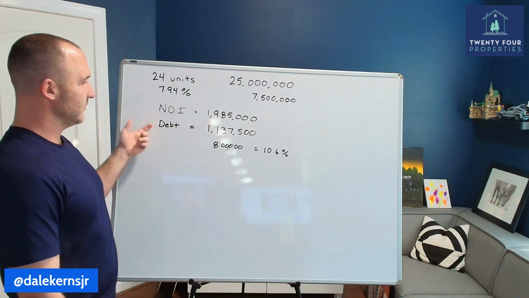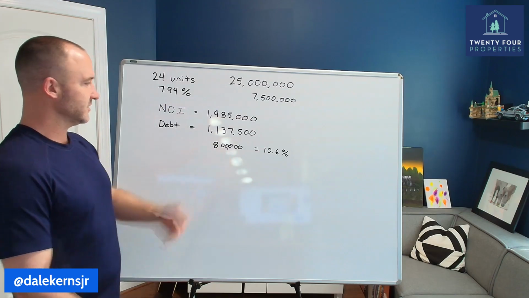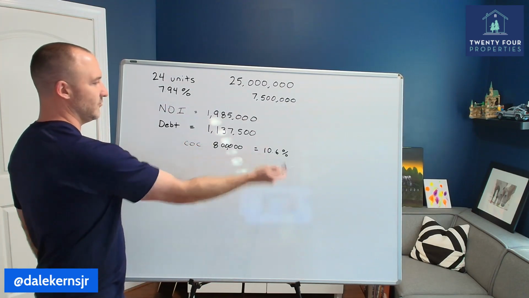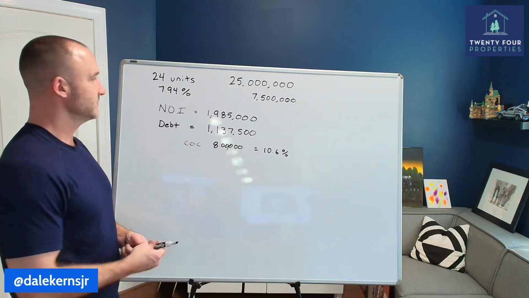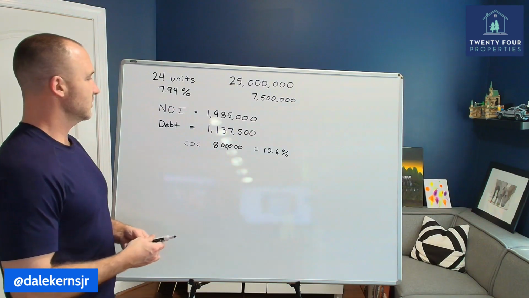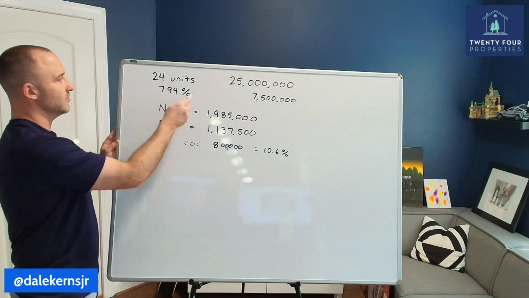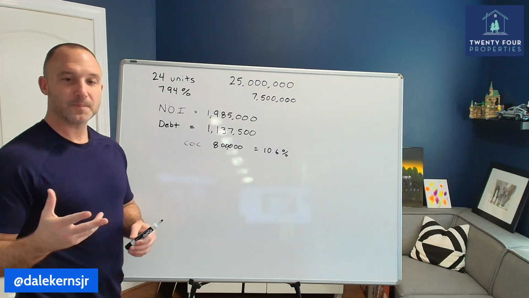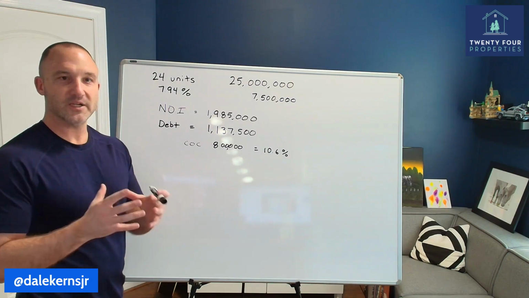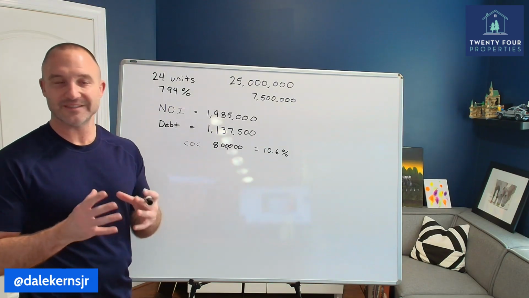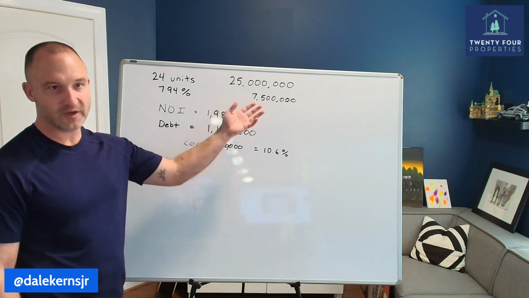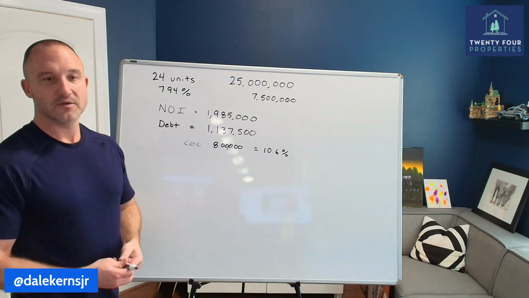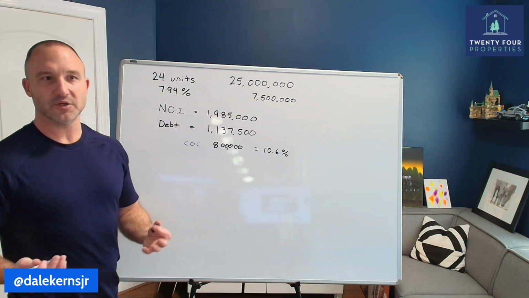It doesn't say an income, but if it's 25 million at 7.94%, it pencils out. We get our NOI, we get our debt, and here's our cash on cash, 10.6% with the debt. As long as your cap rate is above the percentage you're paying for the debt, in this case 6.5%, it usually is a good deal.